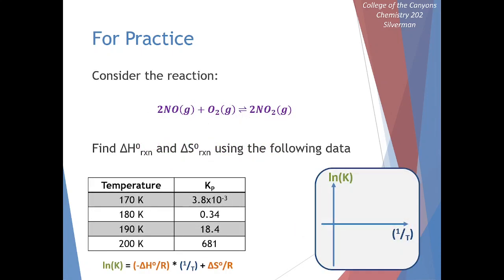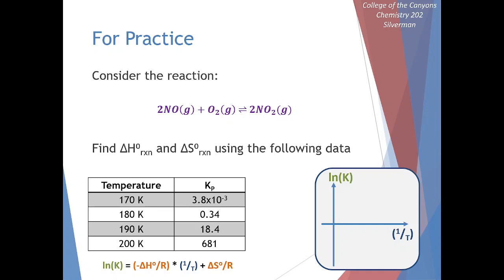One last practice problem. We can use some experimental data to figure out our change in enthalpy and entropy graphically. Here, we've been able to measure our equilibrium constant at a variety of temperatures. Our Van Hoff equation relates the equilibrium constant to these thermodynamic properties.